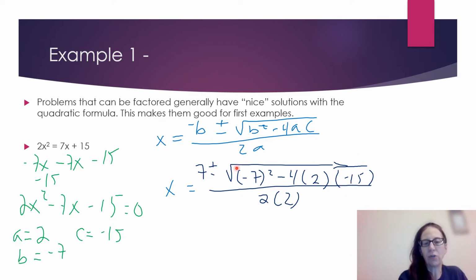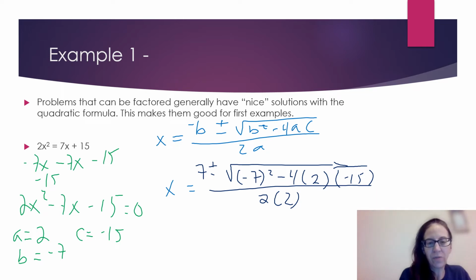I do want to see that you can get the right numbers plugged into the right places. From this point on, it's a bit of a free-for-all. You've got certain things you have to do in a certain order. You can square at the same time that you multiply because they're separated by the subtraction. Order of operations says you would do the squaring first and then the multiplication, but because they're separate, you can get away with doing them at the same time. Same with the 2 times 2.